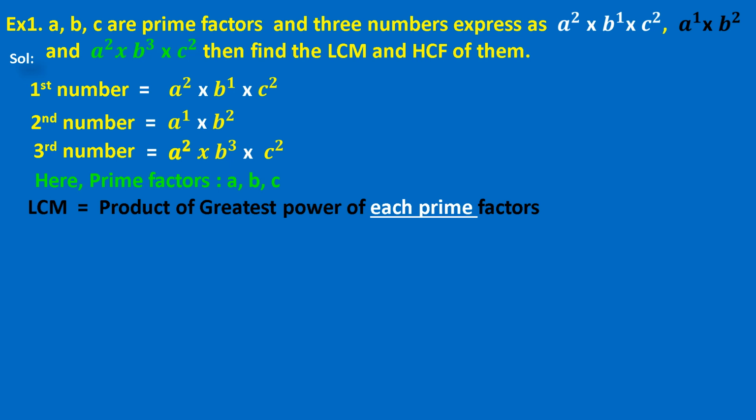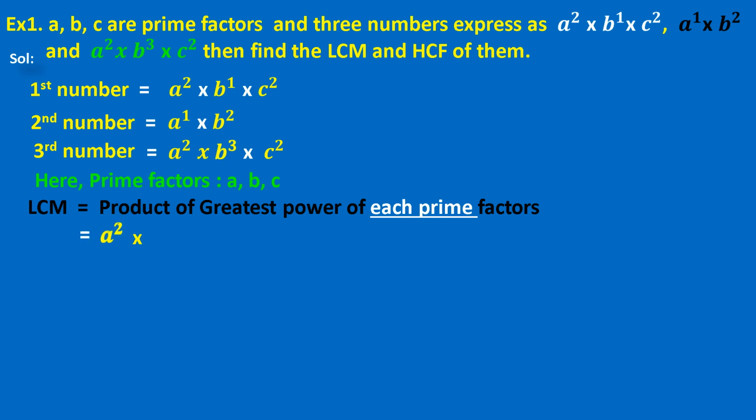So here as a factor a, which power is the highest here? In first number a square, in second number a to the power of 1, in third number a square. So highest power is 2. So that's why here a square.